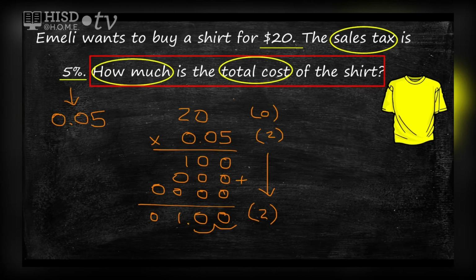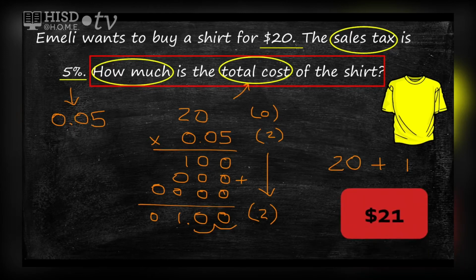So now if the tax is $1, remember they're asking for the total cost. So that means that I have to add the cost of the shirt, that is 20, plus the tax, which is 1. And now we can see that the answer is going to be $21.